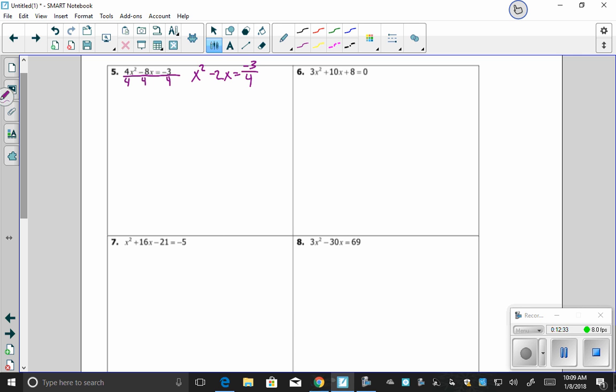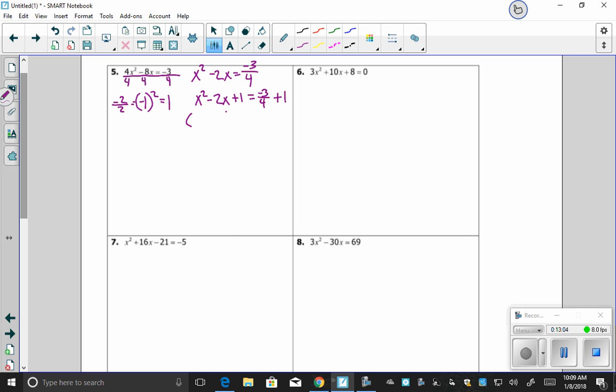That does not simplify, so it has to stay like that. Take b, negative 2, divide by 2, negative 1. Square it, I get positive 1. So I'm going to have x squared minus 2x plus 1 equals negative 3/4 plus 1.